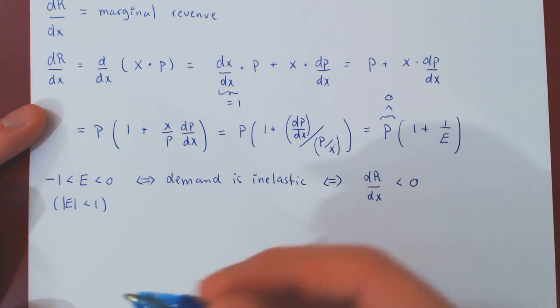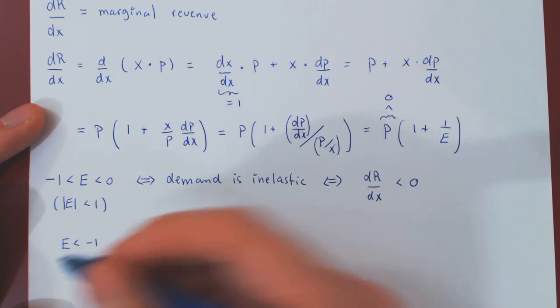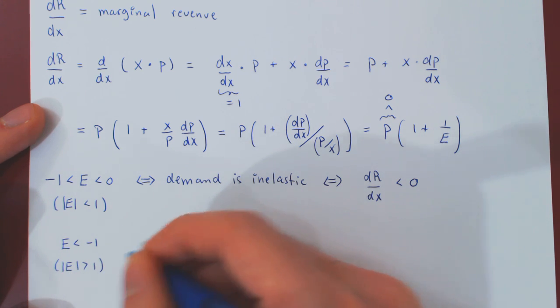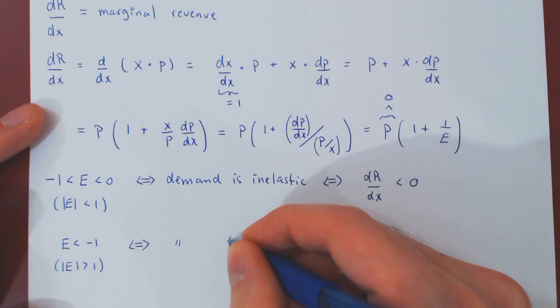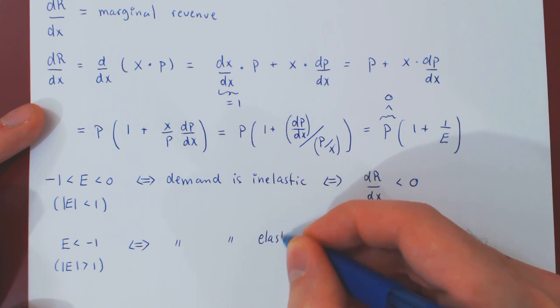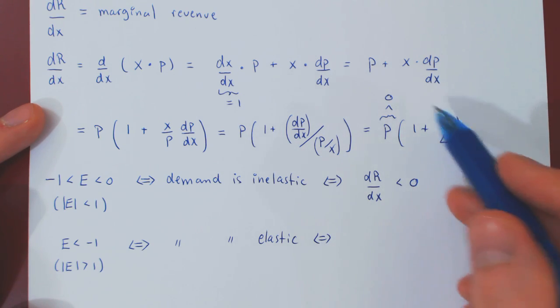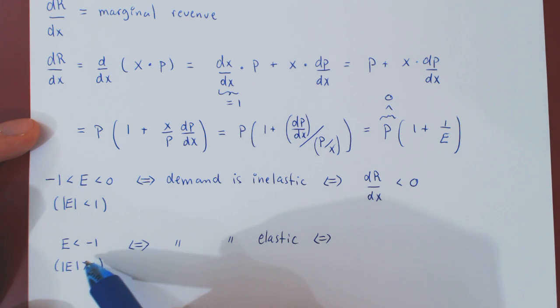Well, what if we now look at elastic demand, when E is strictly less than -1, or equivalently, in absolute value, E is bigger than 1? This is the statement that the demand is now elastic. And let's look now at an equivalent formulation using the marginal revenue function. If E in absolute value is bigger than 1, that means that 1 over E will be less than 1 in absolute value.